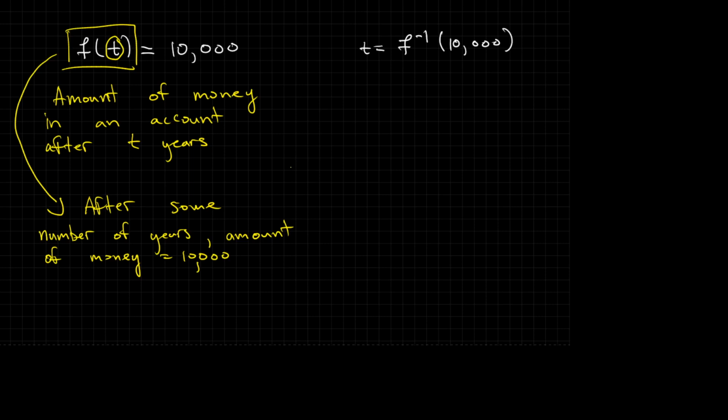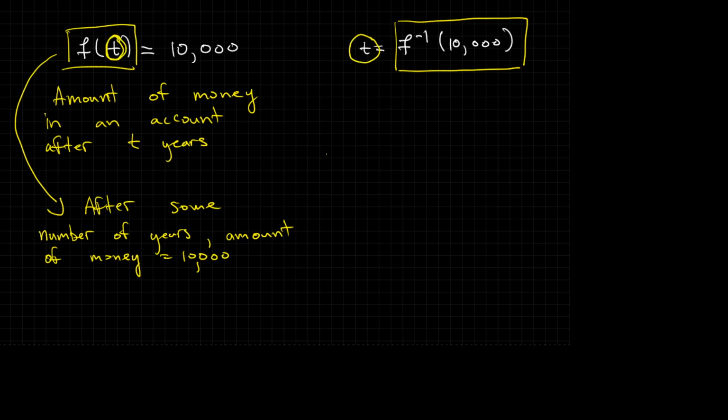Initially, that might be a pretty challenging question. However, if you know the inverse function, f inverse, then you could simply put $10,000 into the inverse function, and the output would be the input that you need here.